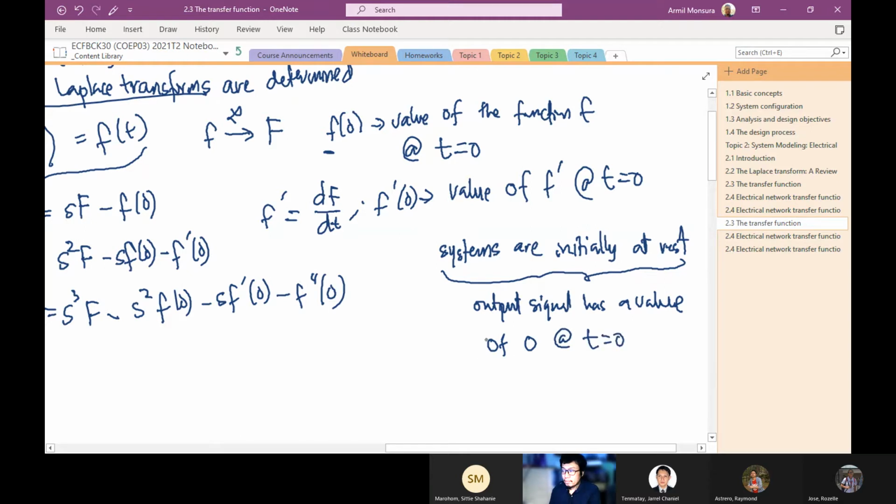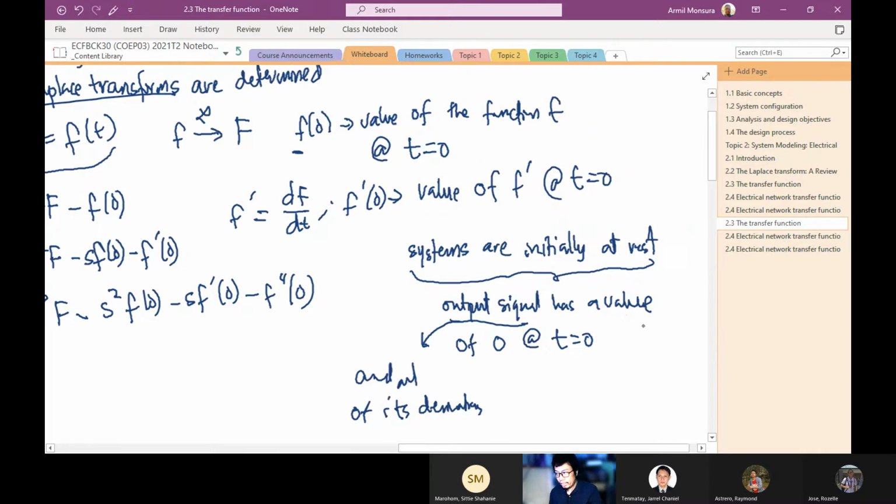And not only that, it's not the output signal itself, but all of its derivatives. So the output signal, okay, and all of its derivatives, okay, has a value of 0 at t equals 0.